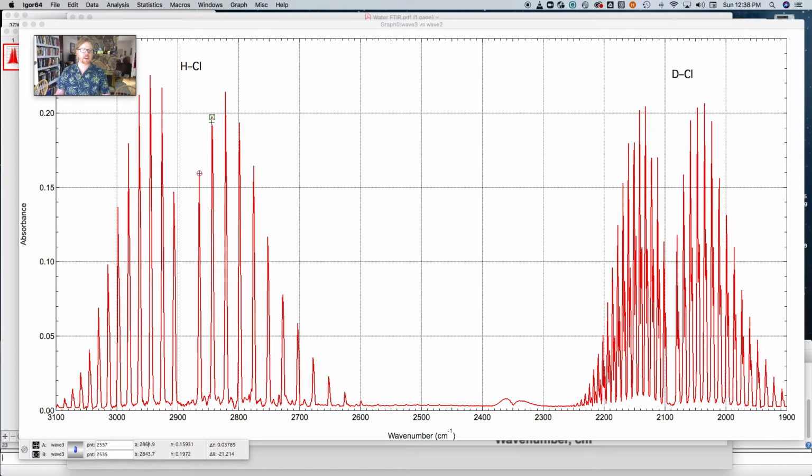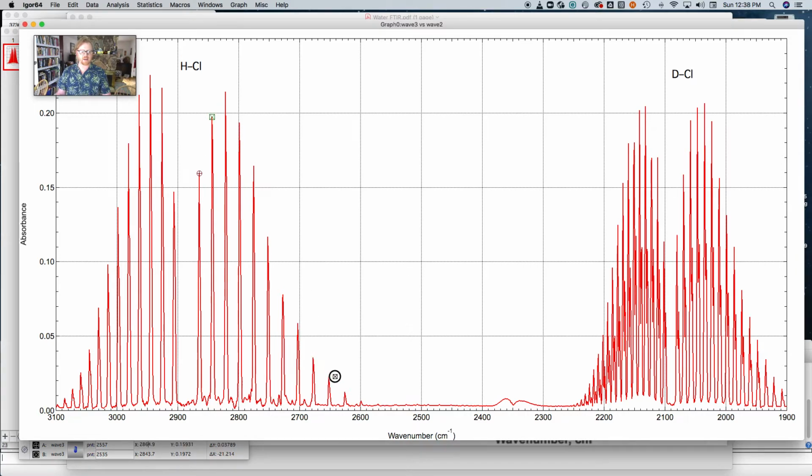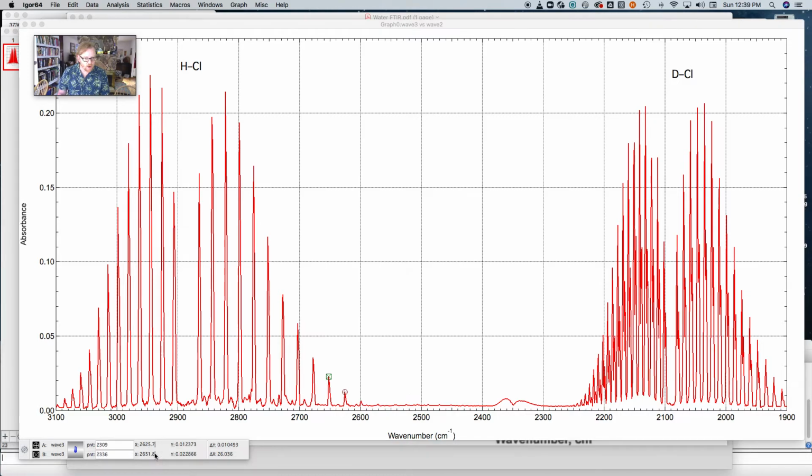But now look, if I compare something way out here, like the difference between this peak and this peak, I get 2651.8 minus 2625.7, and dividing that by 2, I get 13.5.